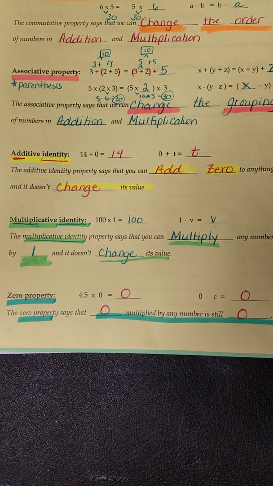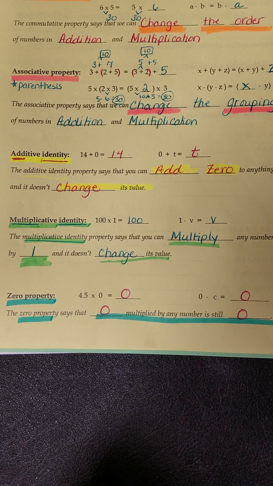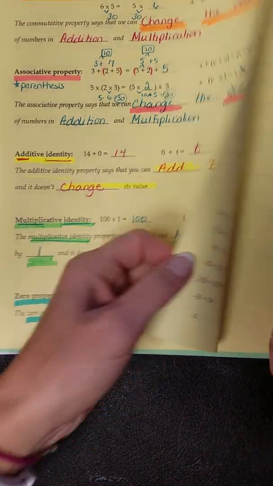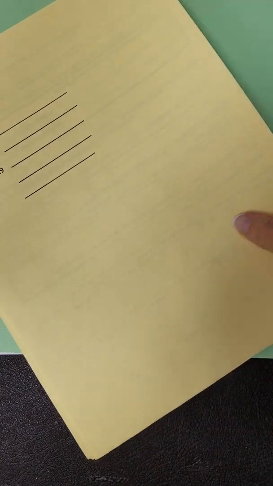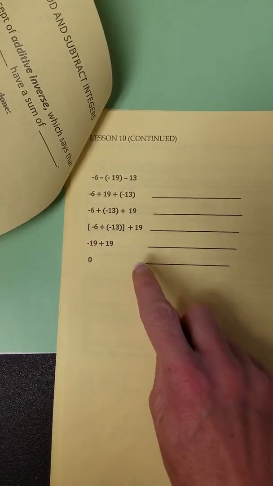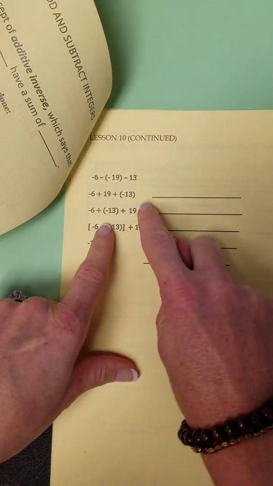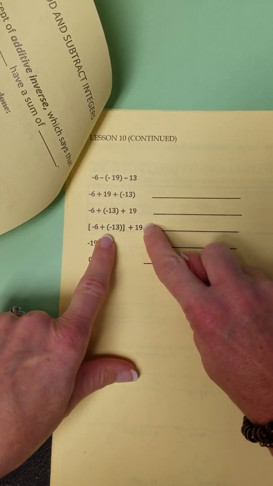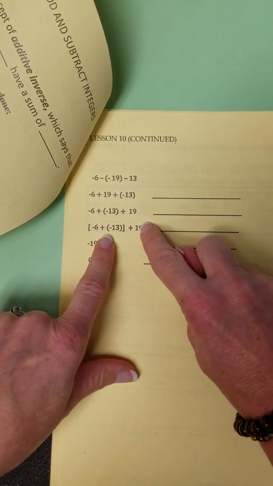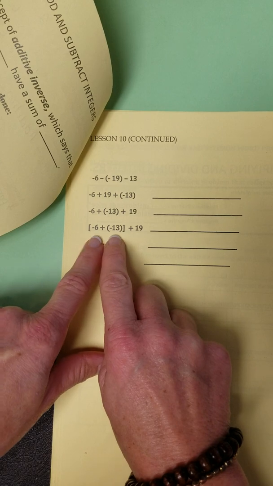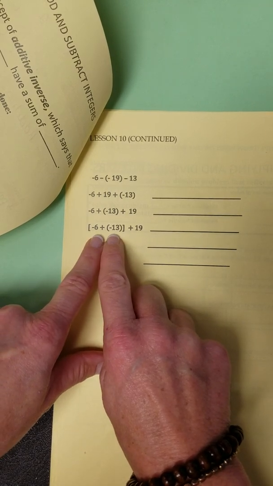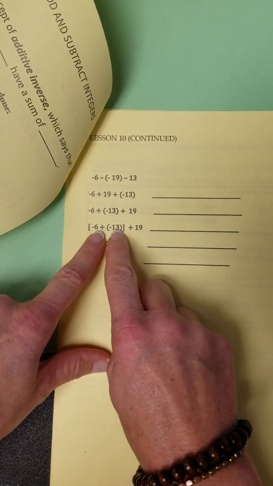And you're going to want to make sure that you can identify these properties in a problem. And if you turn the page in your notes, and we're not going to do that page today, you would need to be able to say, okay, from this line to this line, what property was used? And I can see that I grouped specific numbers together, so I would say associative.